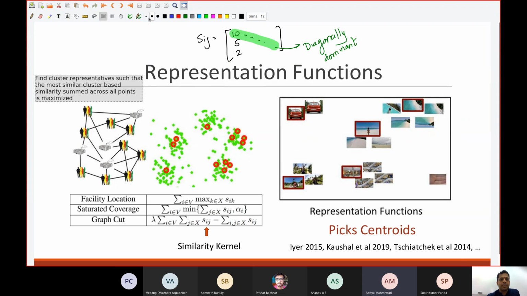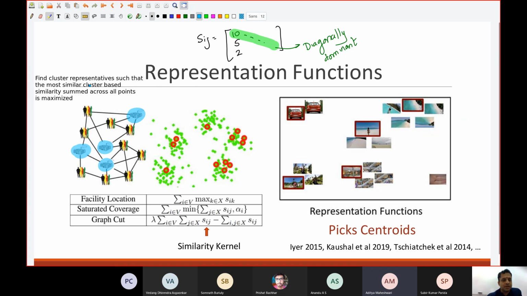This is the example. Find cluster representatives. I'm going to find these cluster representatives in the form of facilities, factories. It could be malls. Now these cluster representatives may not coincide with the people, right?